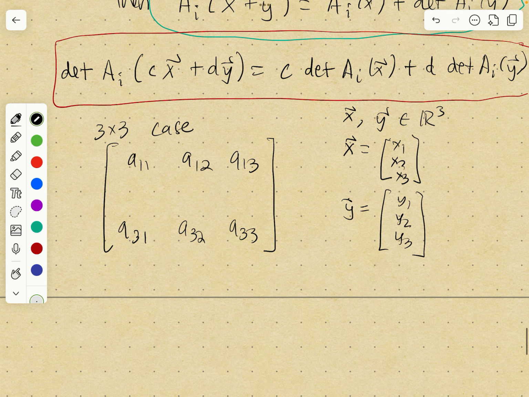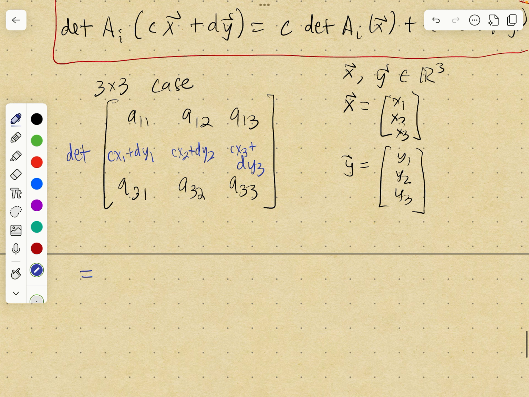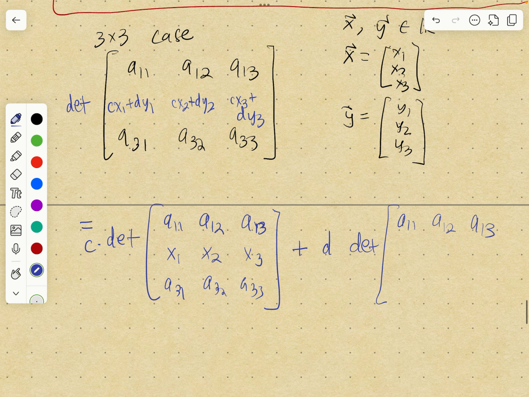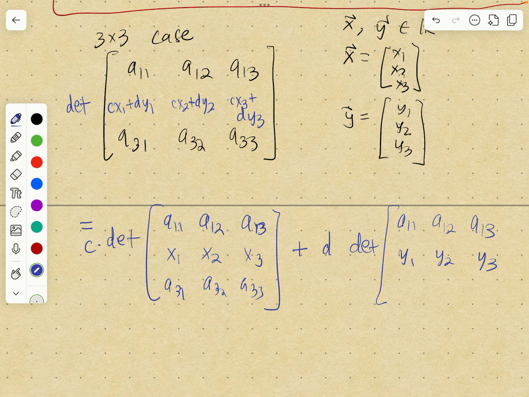and c and d are constants, then what the theorem is saying is that if you have cx1 plus dy1 here, and cx2 plus dy2 here, and cx3 plus dy3 here, and you take the determinant of this, it is equal to c times the determinant of the matrix A11, A12, A13, x1, x2, x3, A31, A32, A33, plus d times the determinant of the matrix A11, A12, A13, y1, y2, y3, A31, A32, A33.